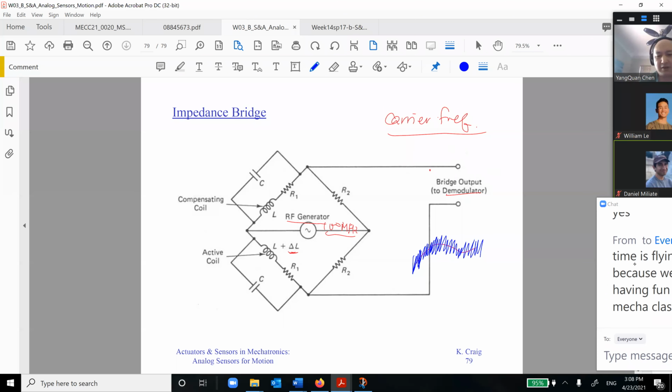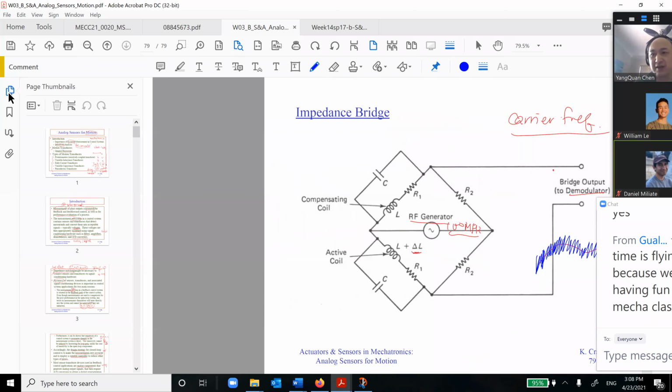All right, so you can see that for mechatronics systems, the analog motion sensors are the basics. One of the important things we emphasized is the sensor specs. Do you guys still remember the sensor specs? Five important ones.